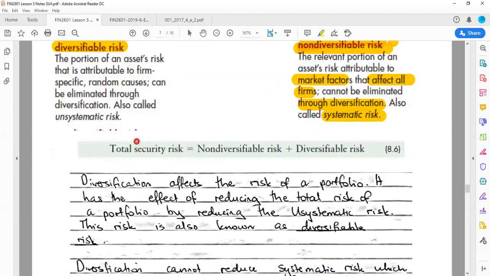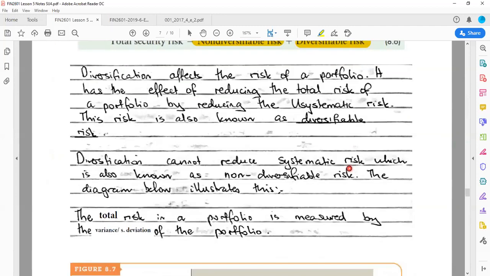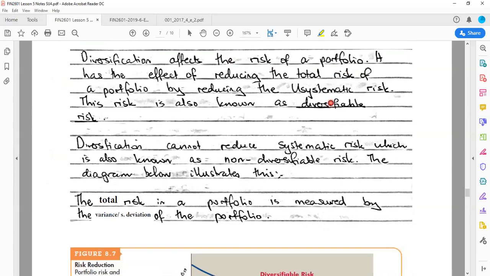So like I said, the total risk on an asset is divided into non-diversifiable risk and diversifiable risk. You need to know that, right? Diversification affects the risk of a portfolio. When we talk about diversification, we just mean that you're holding many different assets of different types. You're not holding assets or shares in one company.